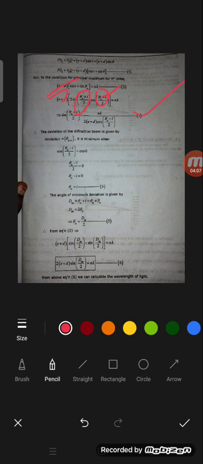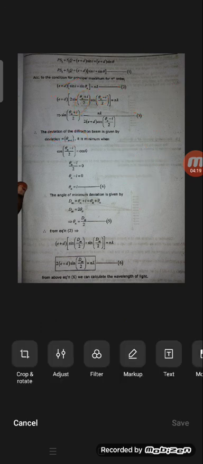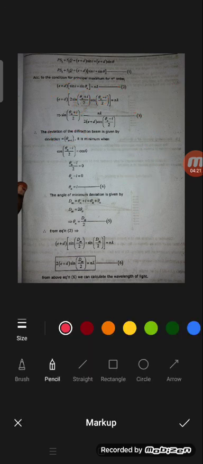If the deviation of the diffracted beam is theta n plus i, its minimum value is obtained when the cos value, cos of (theta n minus i) by 2, is nothing but cos 0.